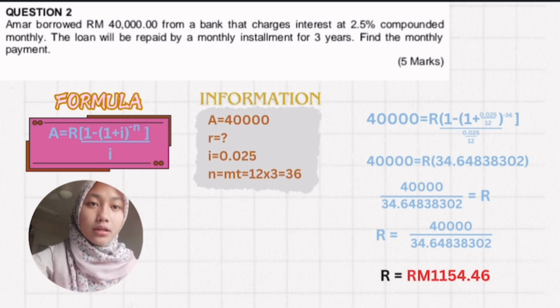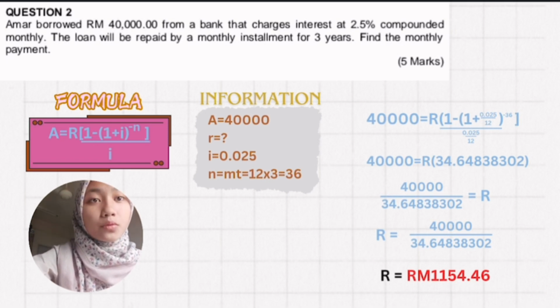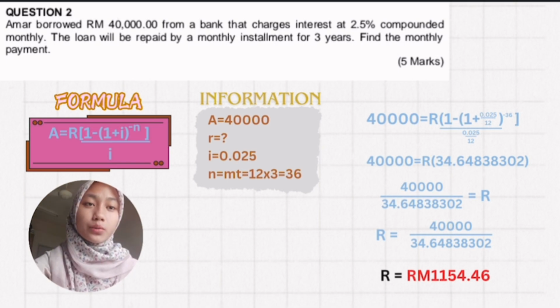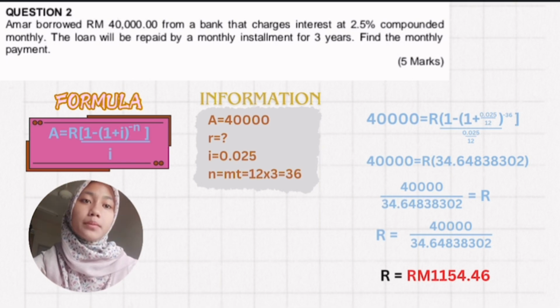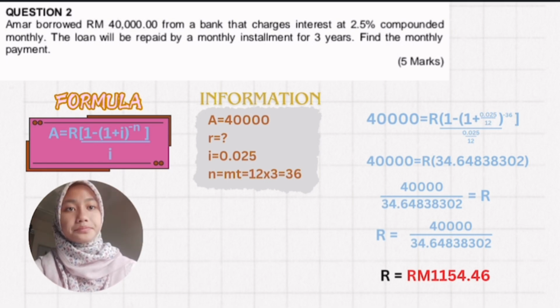The information given is A equal to 40,000 and R is what we need to find, and i is 2.5%, which we change to 0.025. And n is m times t, which is compounded monthly, multiplied by time, that is 12 multiplied by 3, and the answer is 36.